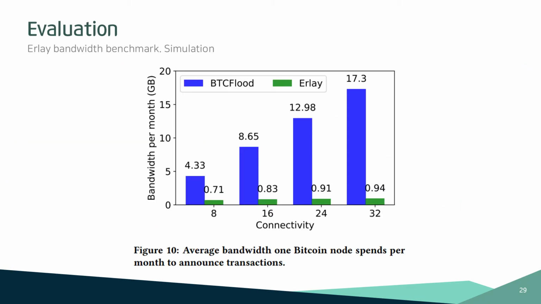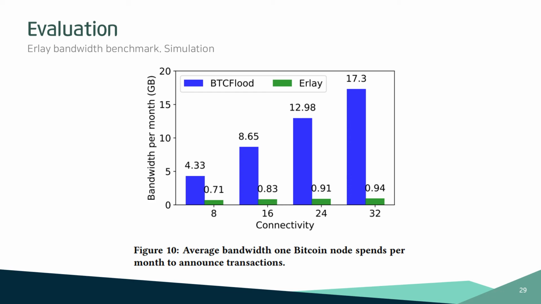To verify that Erlay scales better than BTC flood as the connectivity increases, we vary the number of outbound connections per node and measure the bandwidth used for announcing transactions. With BTC flood, relay bandwidth increases linearly with the connectivity because BTC flood announces the transaction on every link in the network.